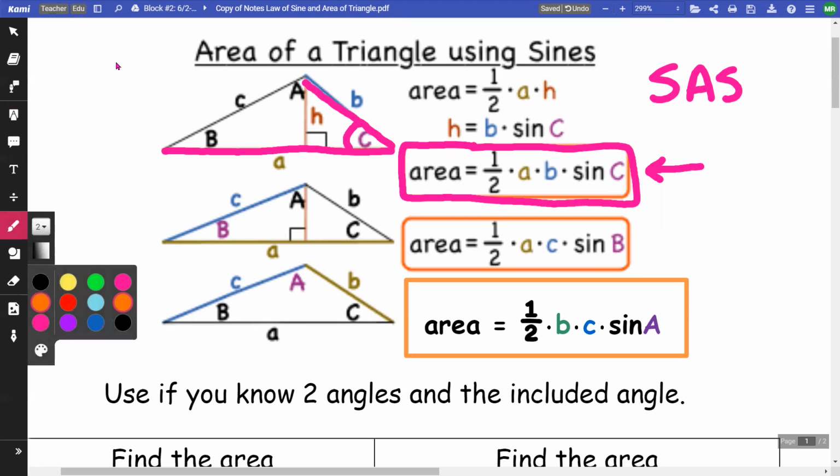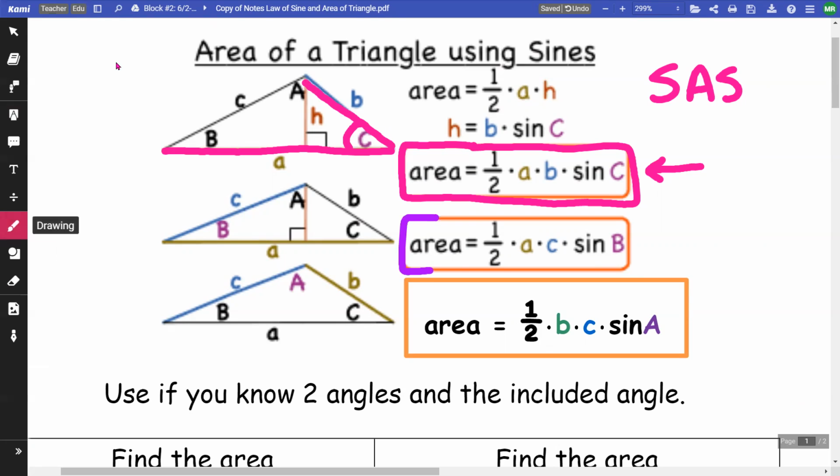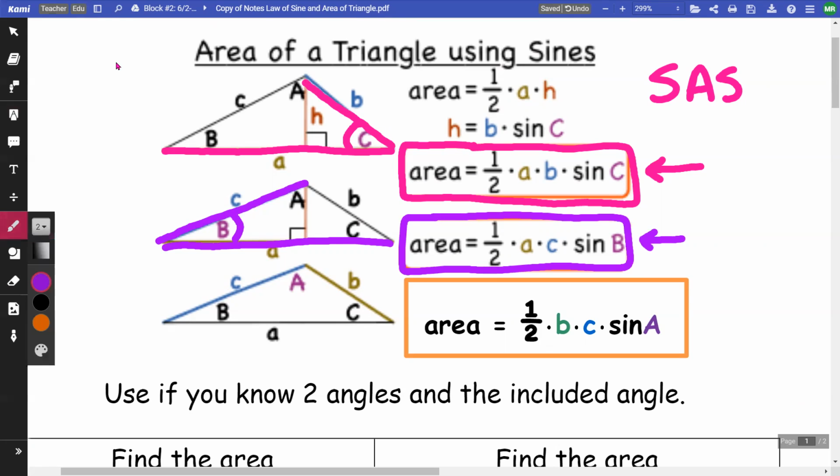If I have a situation like this one, where this time I know angle B, I need to know again the two sides that form that angle, which is A and C this time, and then I would use this formula.